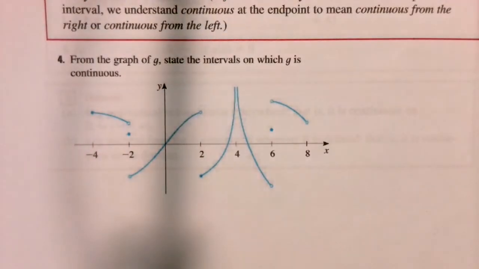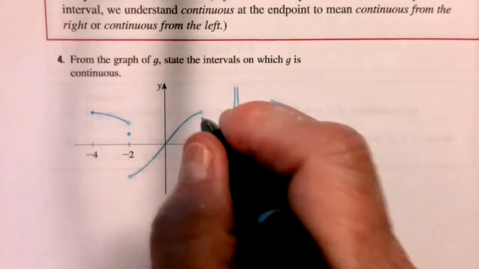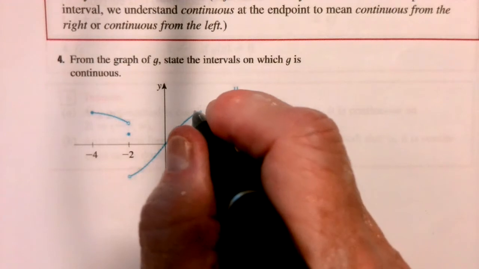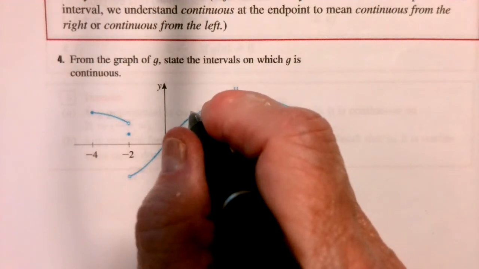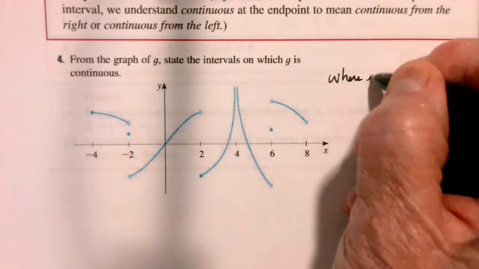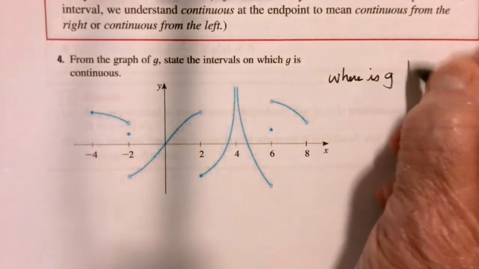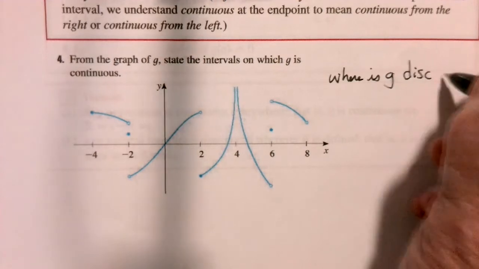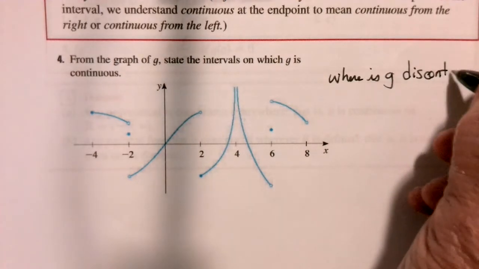So let me show you a picture of a graph, and this is the graph of g of x. State the intervals on which g is continuous. So first of all, let's talk about where g is discontinuous, because we're going to need that when we write our intervals.